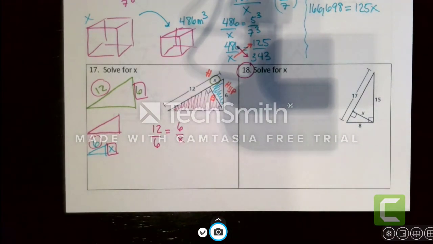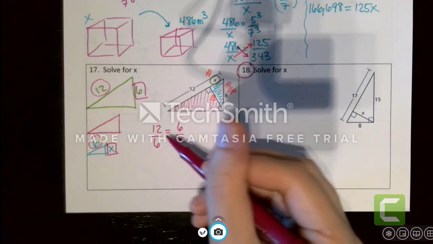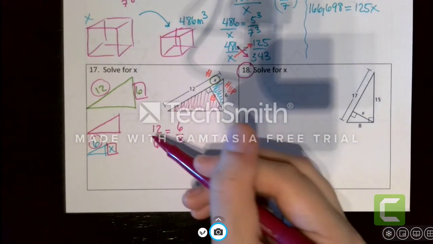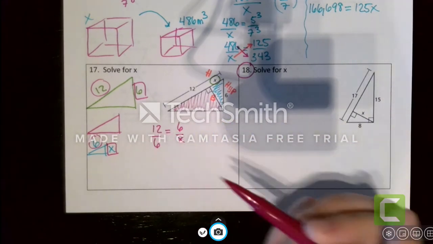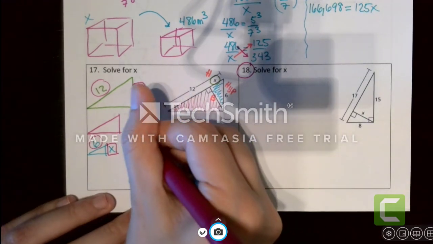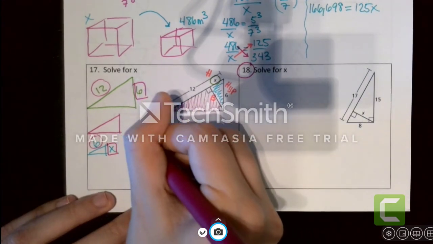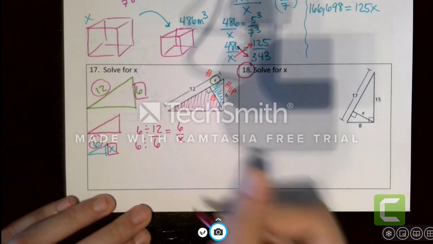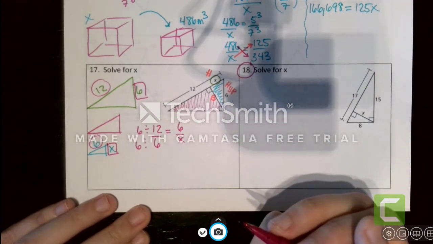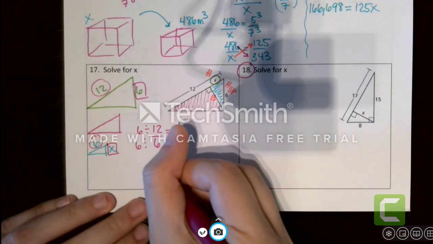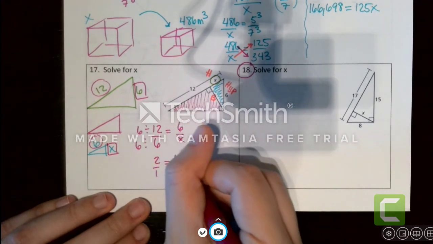Before I start, I can actually simplify my left side first. This ratio of 12 over 6 can be simplified by dividing 6 on the top and the bottom. So your new equation, once simplified, should look like 2 over 1 is equal to 6 over x.